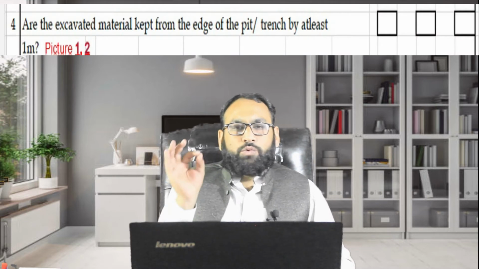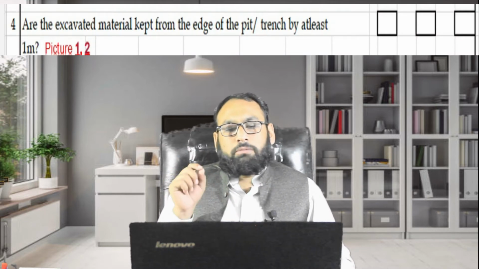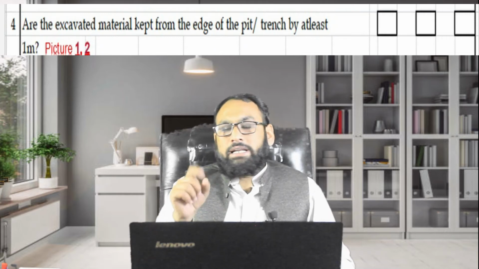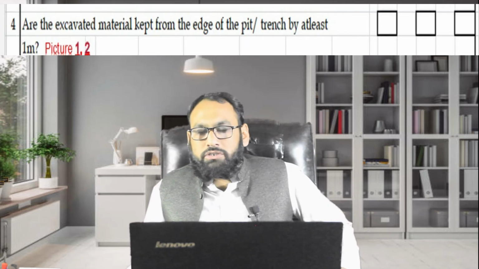The fourth point is: is the excavated material kept away from the edge of the pit or trench by at least 1 meter? This is very important for every engineer, that the excavated material must be kept at least 1 meter from the edge of the excavation.